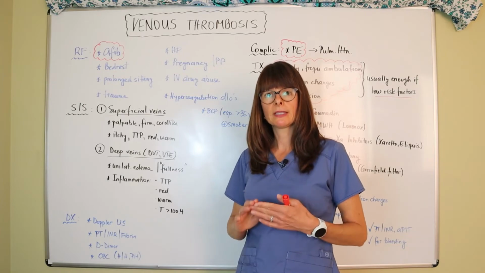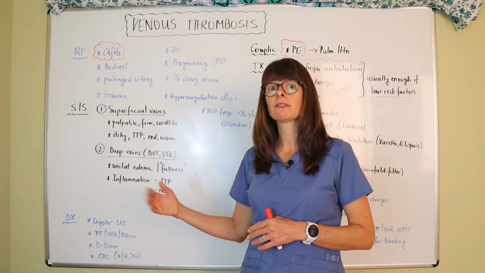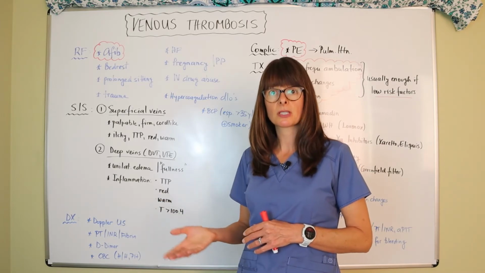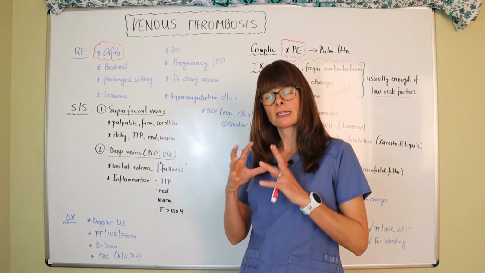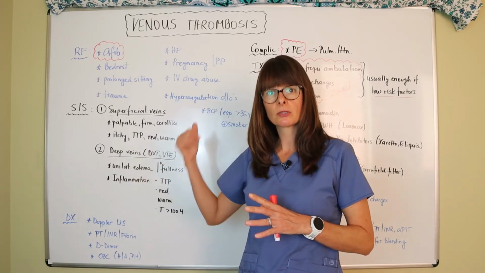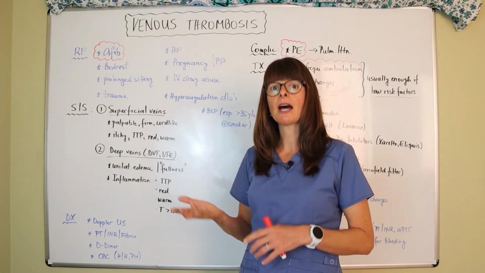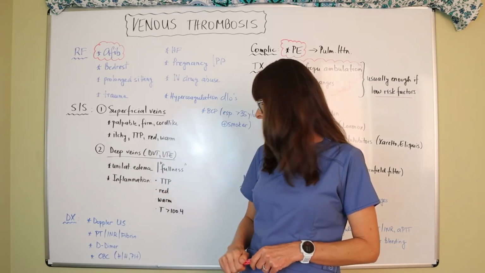Just keep in mind that a D-dimer is very non-specific, so it might be elevated for a lot of different reasons, and thrombosis is just one of them. So it's a good indicator that will let us know that we need to look deeper to determine if it's a thrombus or not, but there might be other reasons why the D-dimer is elevated.